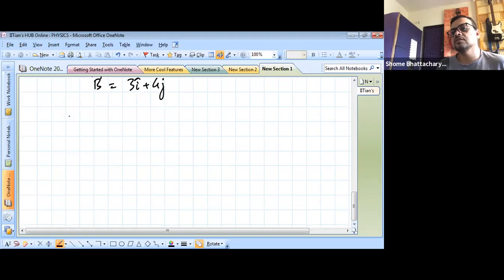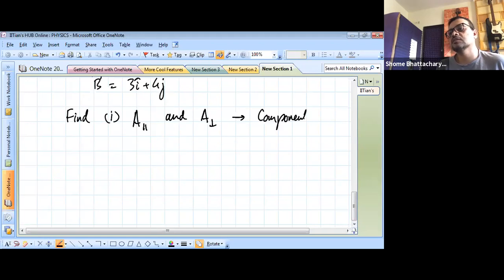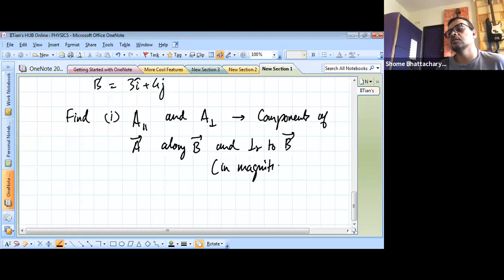So we have to find A parallel and A perpendicular, that is the components of the vector A along the vector B, and perpendicular to the vector B, in magnitude only.